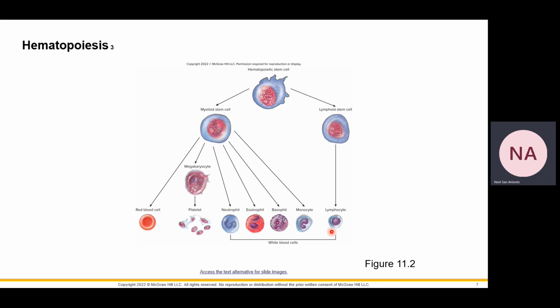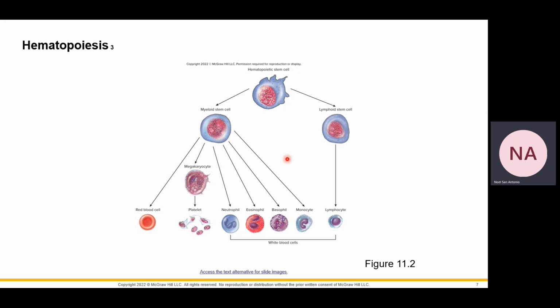That is why, di ba, if you will search for the two types of leukemia, di ba? Leukemia is cancer of the blood. You have two types of leukemia. You have your lymphocytic leukemia at saka yung myelocytic leukemia, depending on the type of cell that is primarily affected.